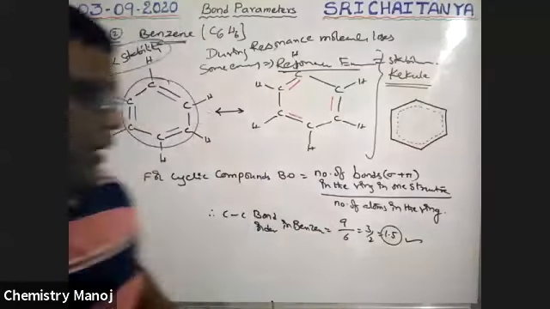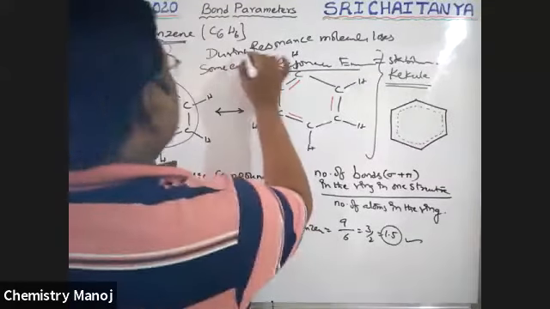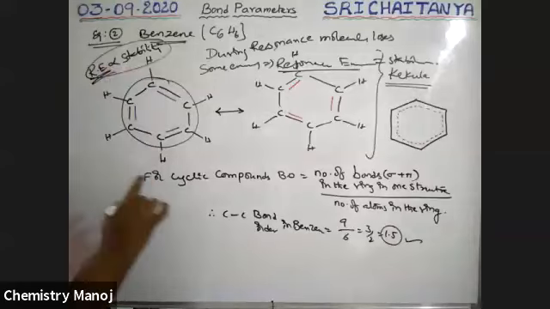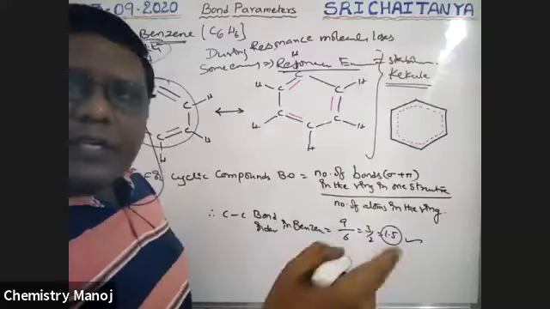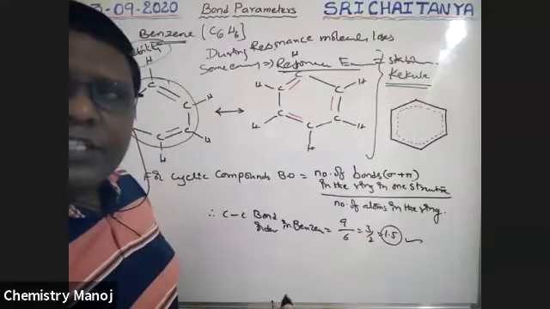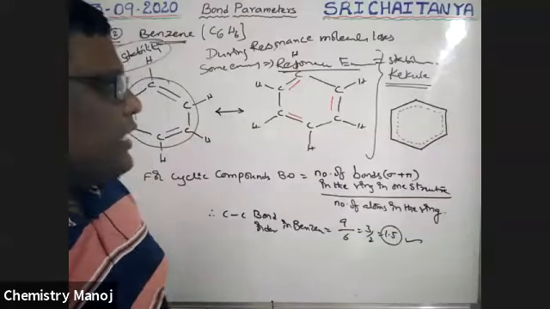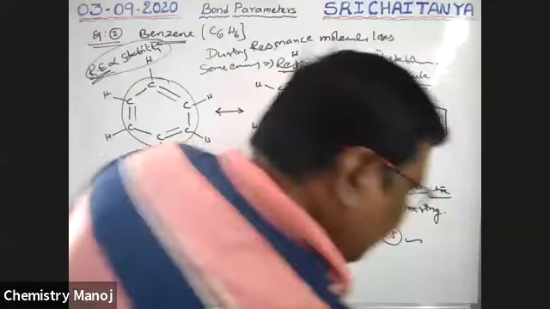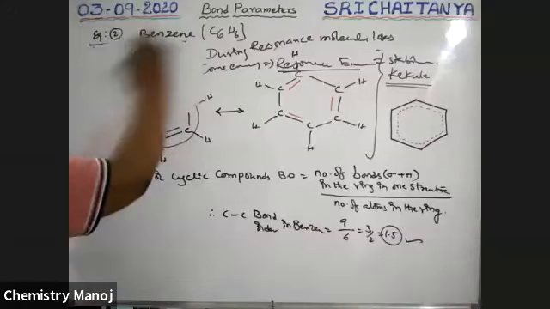Next, resonance energy. What is resonance energy? That is the amount of energy lost, which is called resonance energy. How to calculate it? Resonance energy is calculated using a formula, already completed in your thermodynamics.